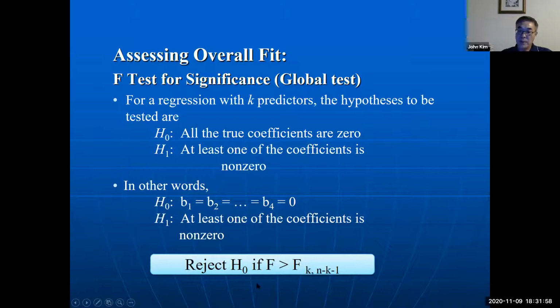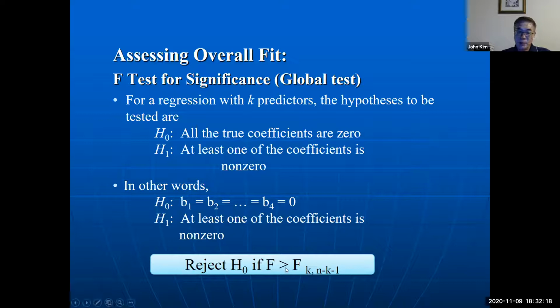After the test, reject the null hypothesis if the F value, which is the test statistic, is greater than the critical value. I will tell which one is the test statistic later with the output.